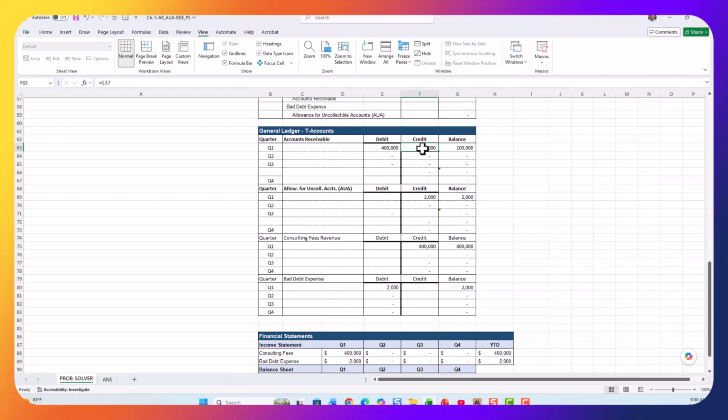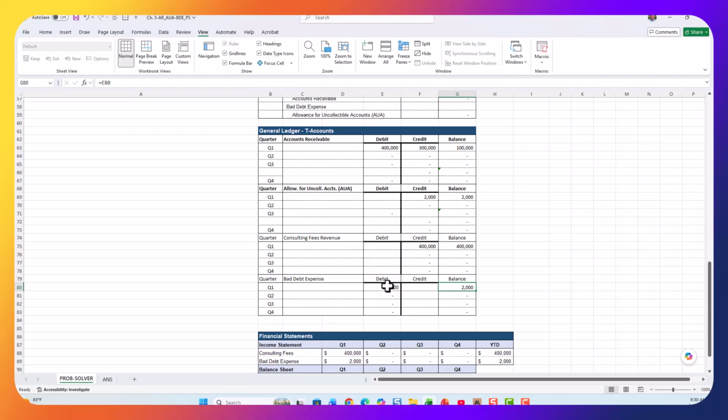Allowance for uncollectible accounts has a balance of $2,000, but because the allowance for uncollectible accounts is a contra asset, it has a credit balance. Consulting fee revenue has a credit balance of $400,000. Revenues always have credit balances. And bad debt expense has a debit balance of $2,000.